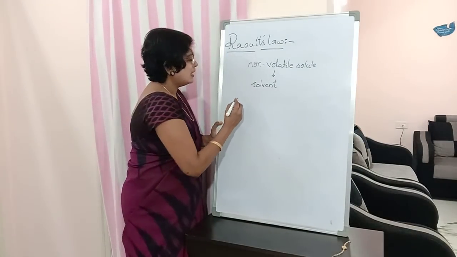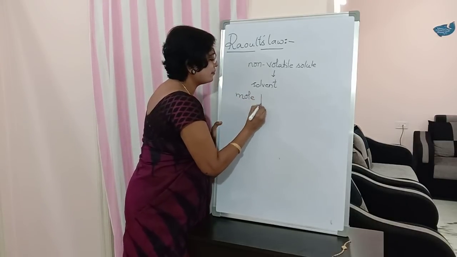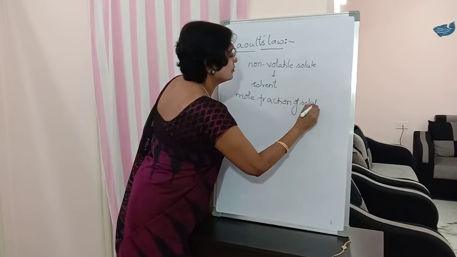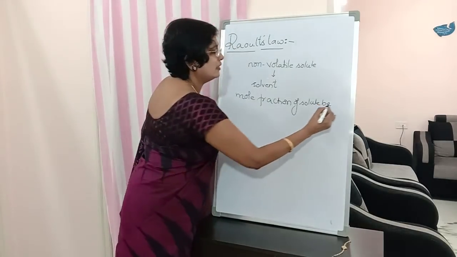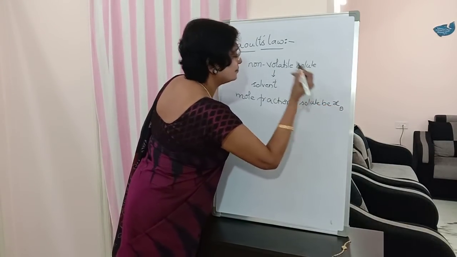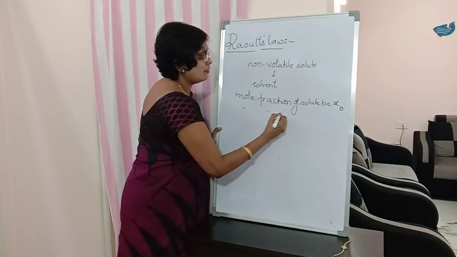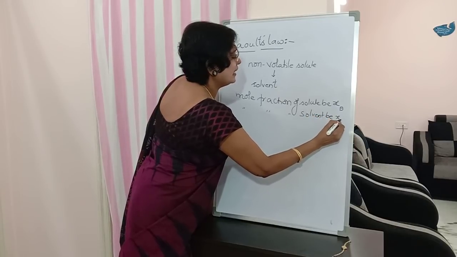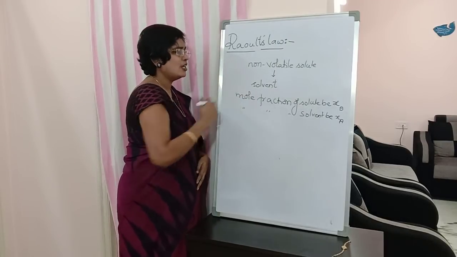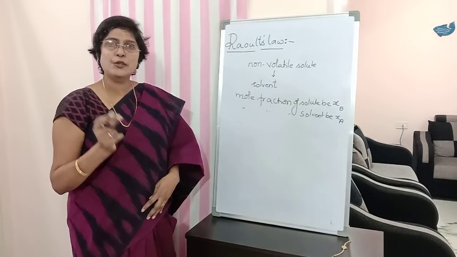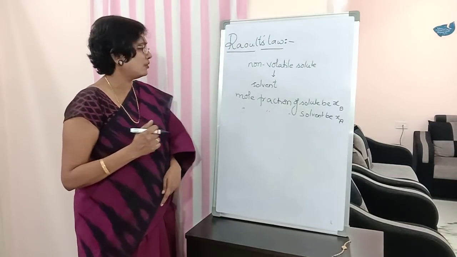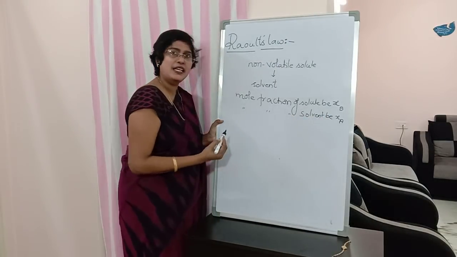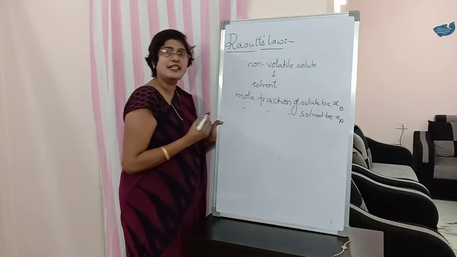Now, suppose let the mole fraction of solute be XB. Next, mole fraction of solvent be XA. We will see later what mole fraction is, but I hope you all know what mole fraction is, students. Let the mole fraction of solute be XB and let the mole fraction of solvent be XA.